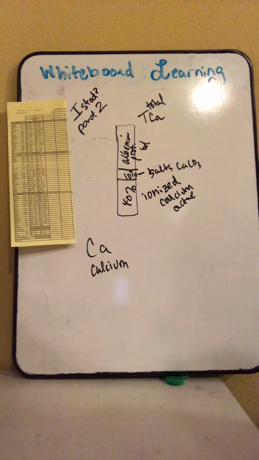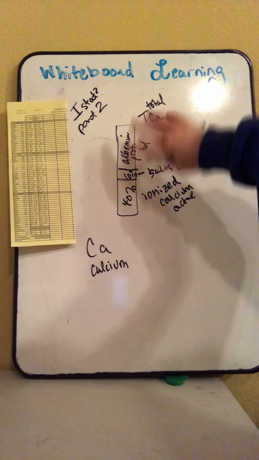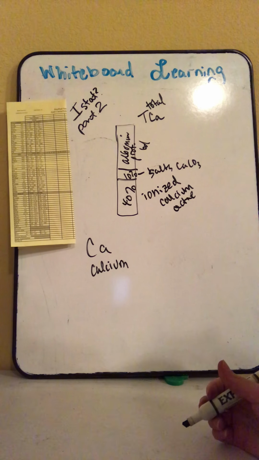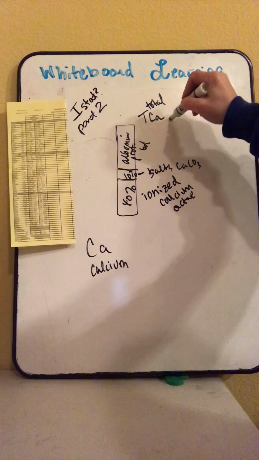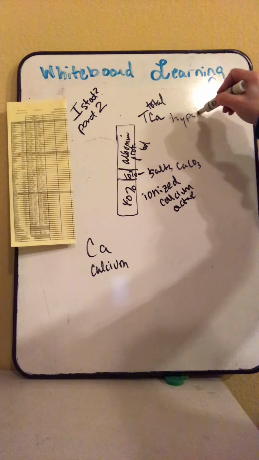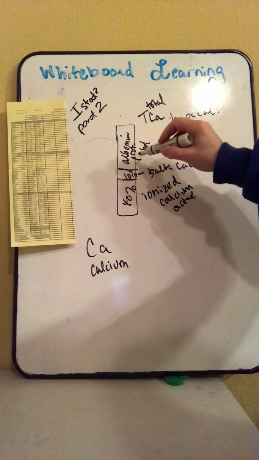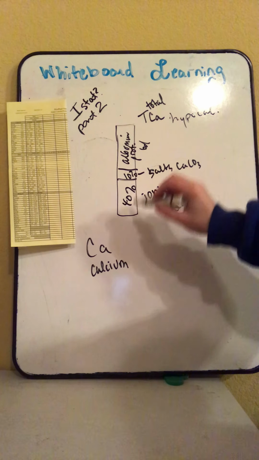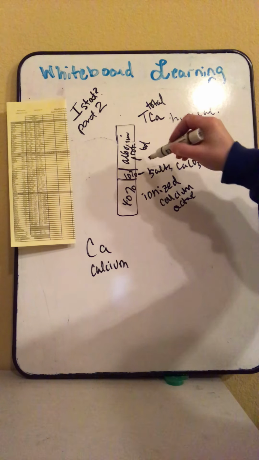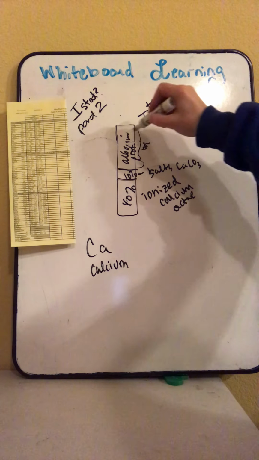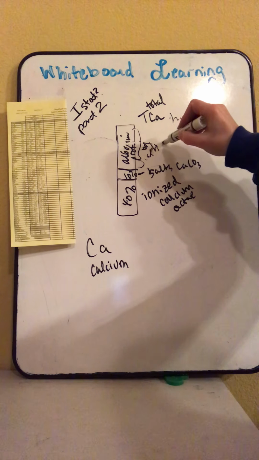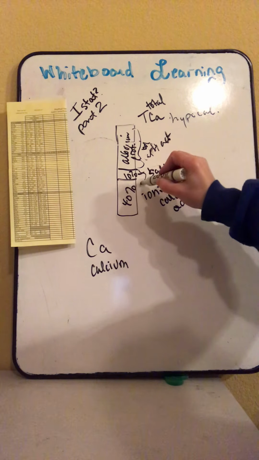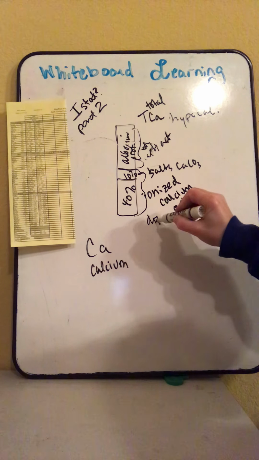How these different forms are affected can sometimes be different. If you have a low albumin, you might have a low total calcium, hypocalcemia, but not a low ionized calcium, because it's just the amount that's bound to the protein. The protein-bound calcium can't get into cells, can't act, whereas the ionized form is diffusible and can get into cells and do things.